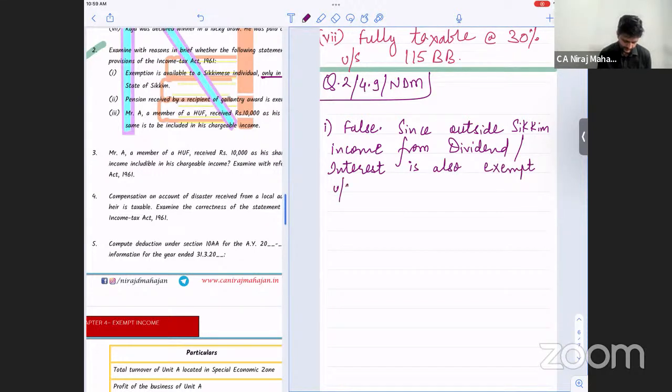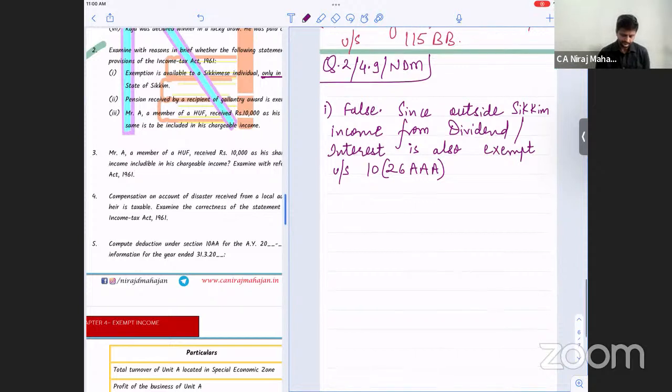Under section 10(26AAA). Yes, tell you all of you. Done. Okay, we'll go ahead, everybody.